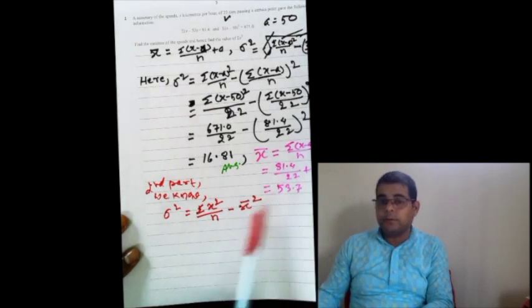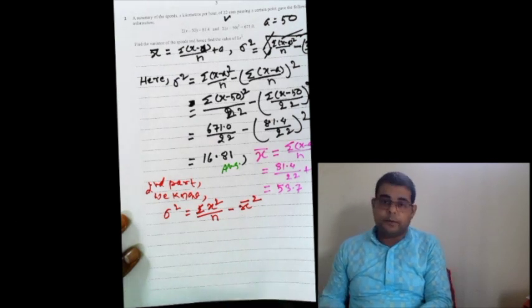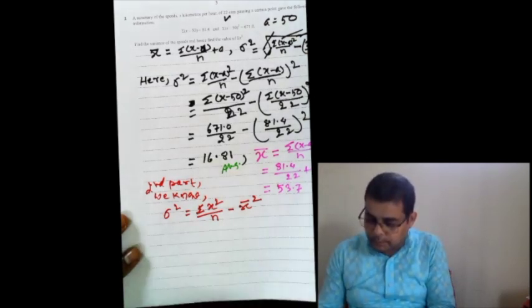This x bar you can use over here, or otherwise you can write summation of x by n, whole squared. This is up to you, how you make your work easy.